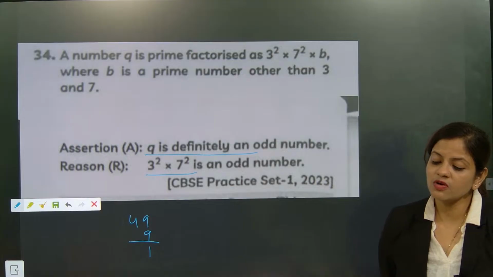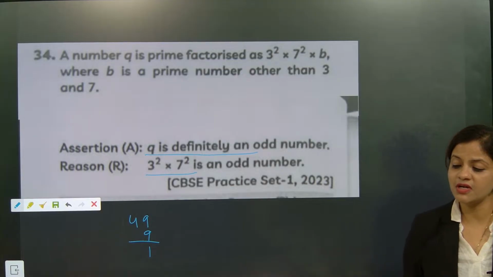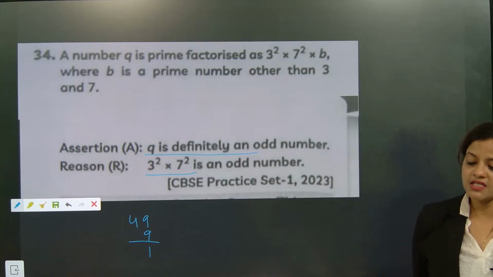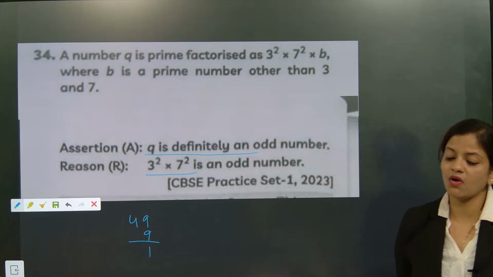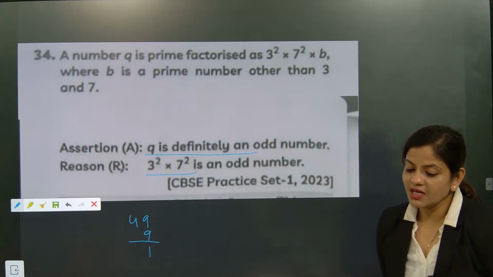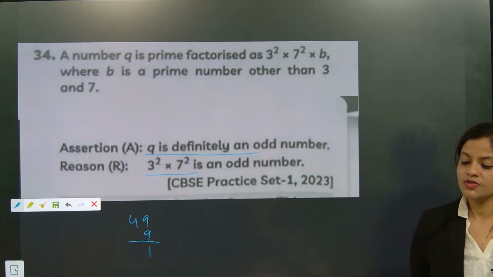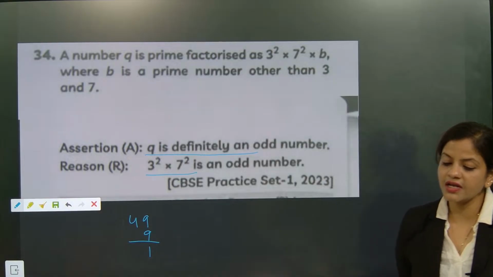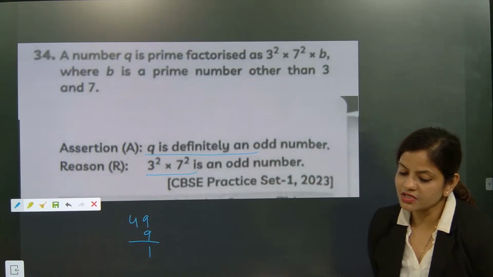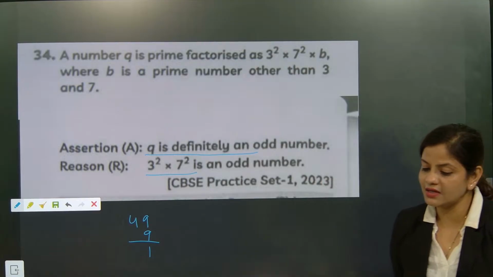How can it be? Because B can be, see, please understand that prime numbers are not only odd numbers. Prime numbers are even numbers also. So some of the prime numbers are even numbers also. So with this surety, we cannot handle this question.